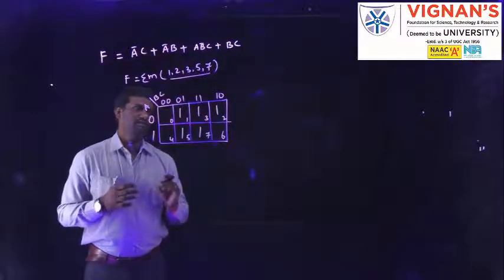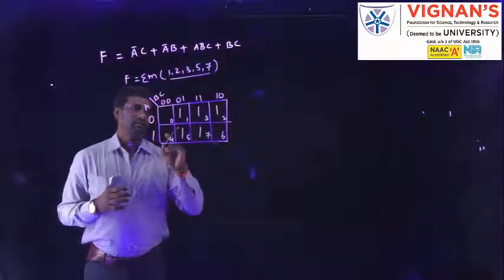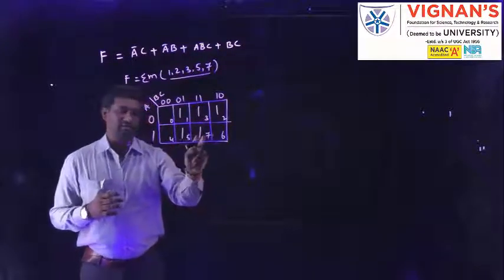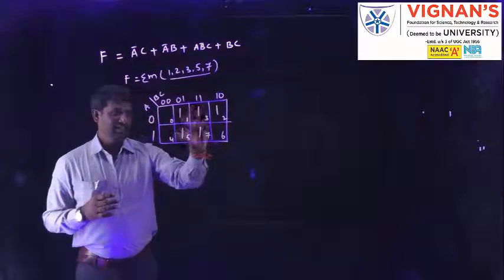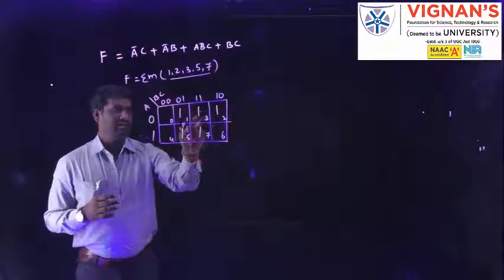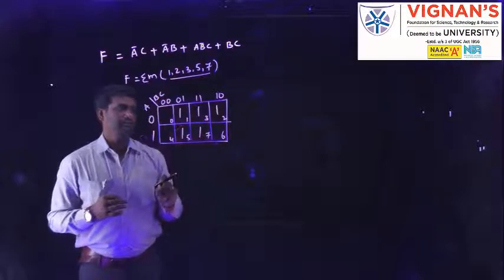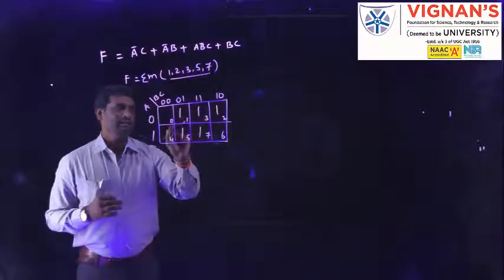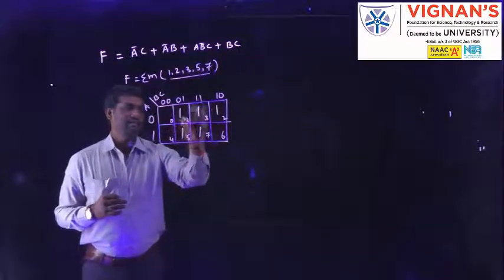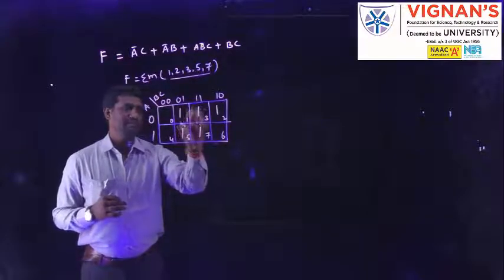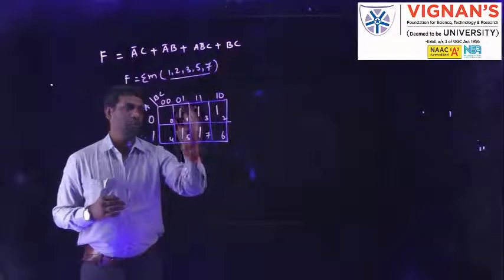Those 4 ones are cell number 1, cell number 3, cell number 5, cell number 7. These 4 cells are assigned with ones, they are minterms, and they are adjacent to each other, so we can merge those 4 cells as a single cell, which is also called a grouping of 4 cells.